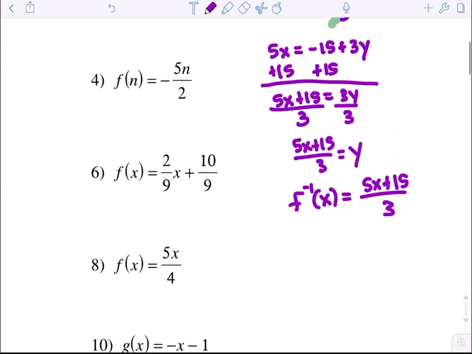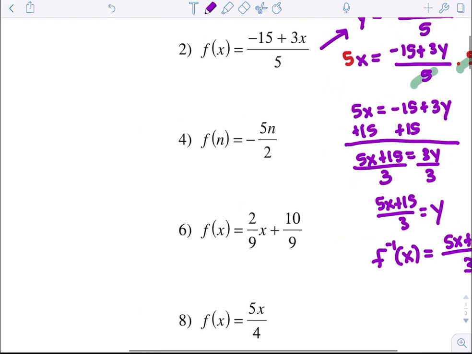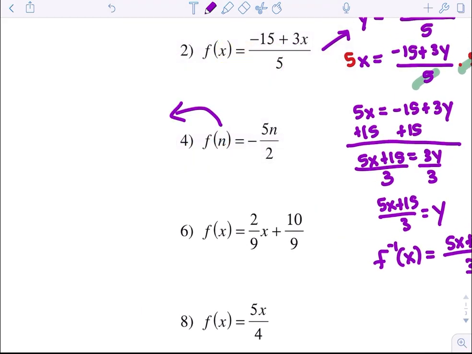Number 4. I'll do it over here. So this is number 4. So first change f of n to be, I guess in this case, n. So n is equal to, oh no, wait. I guess y. So y is equal to negative 5n over 2. Switch your guys' variables. So n is equal to negative 5y all over 2. Now solve for y.